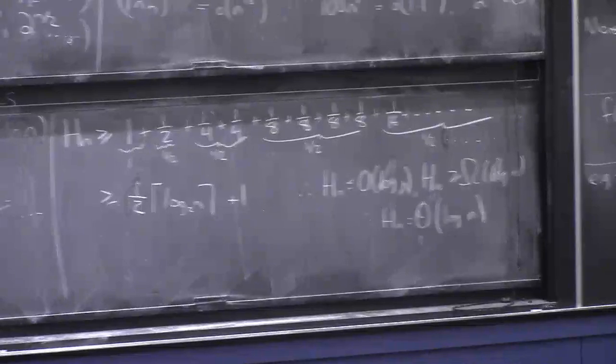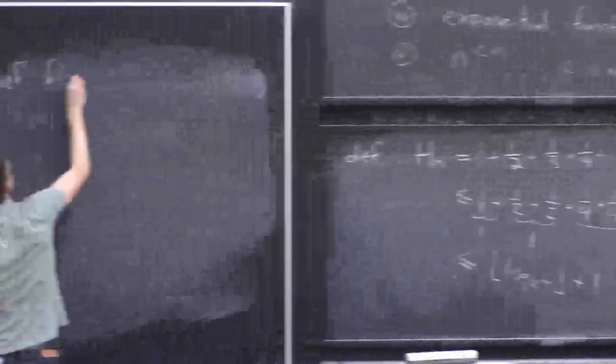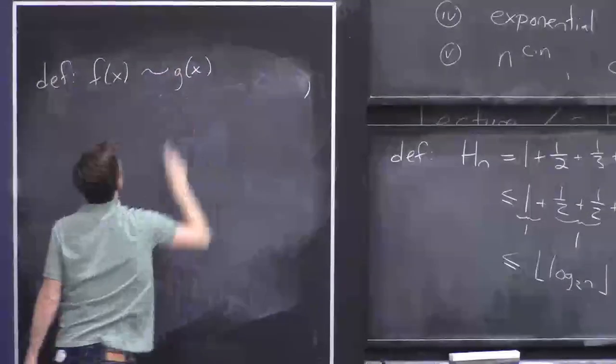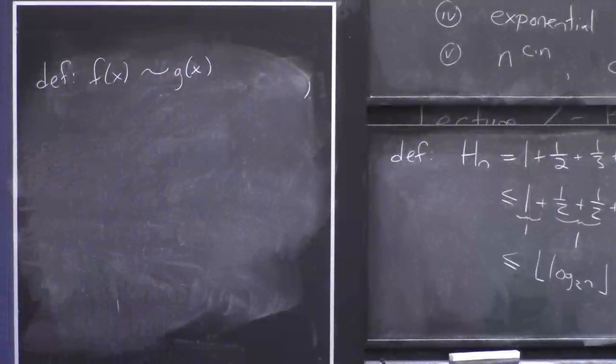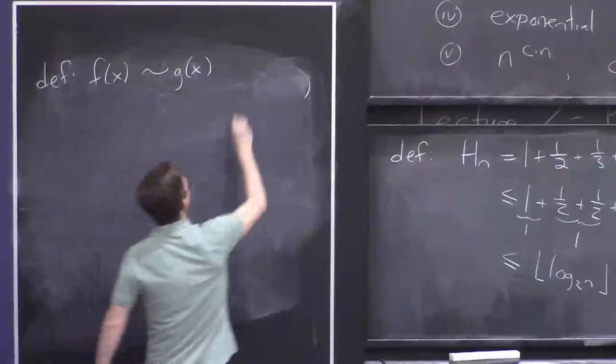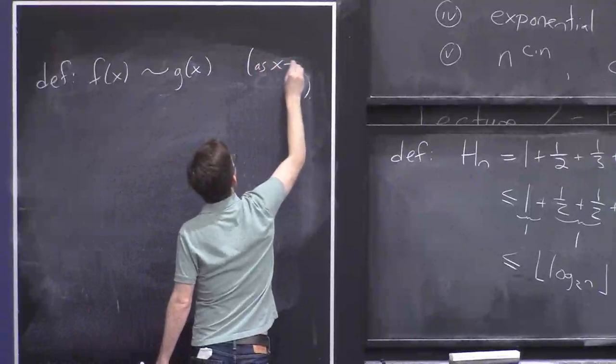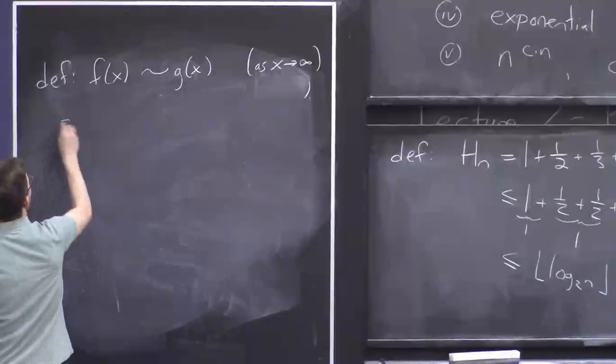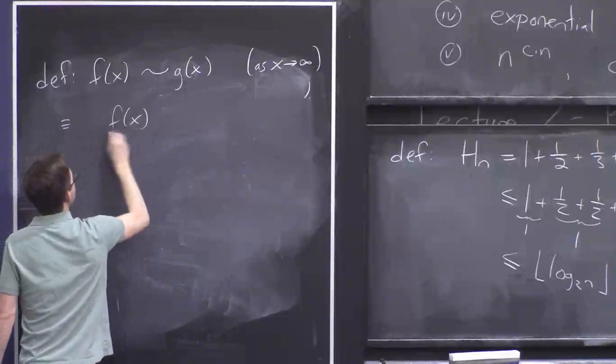So one writes that f of x is asymptotic to g of x. This is like a big tilde, it's \sim in TeX. This is, let's say, as x goes to infinity. This means that f of x over g of x tends to 1.